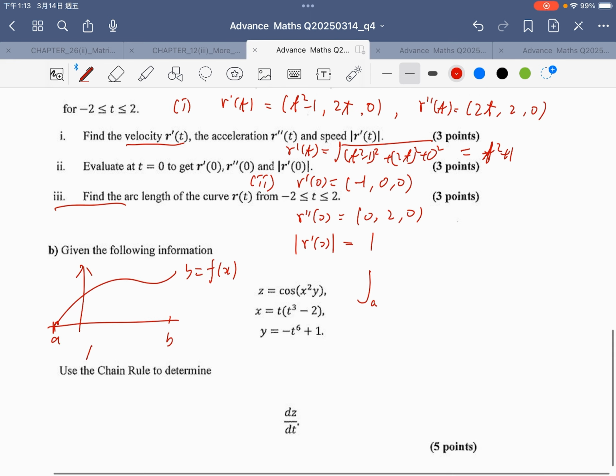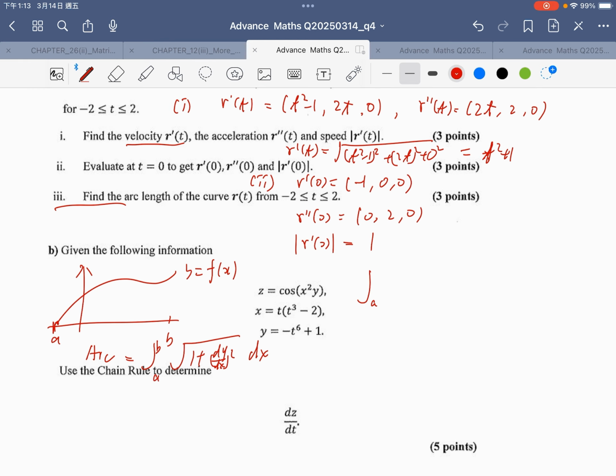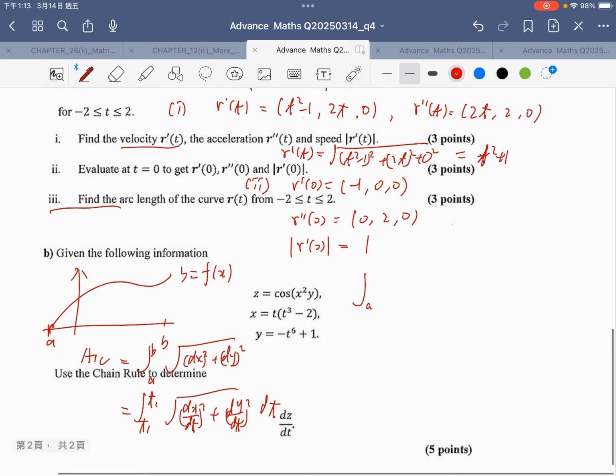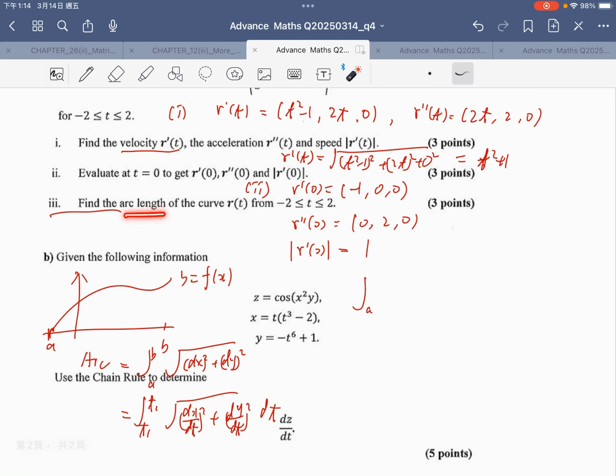The arc length is equal to the integral of the square root of 1 plus (dy over dx) squared dx, over that domain from A to B. Or the square root of dx squared plus dy squared. If we change to the parametric form, then it is from t1 to t2, the square root of (dx over dt) squared plus (dy over dt) squared dt. In this case, we have to use the parametric form.